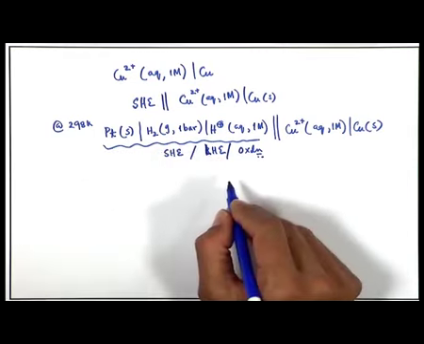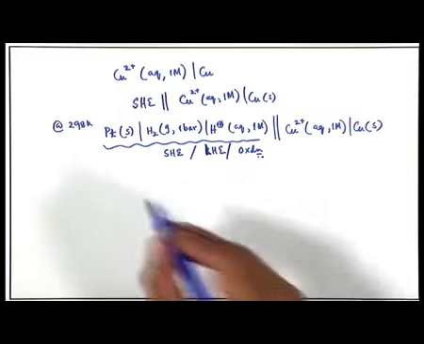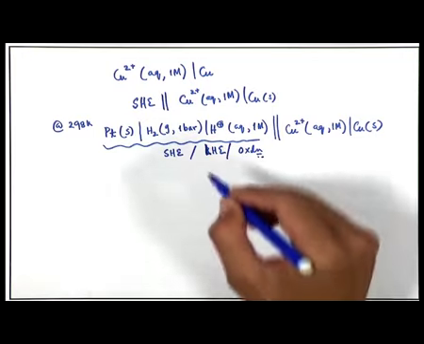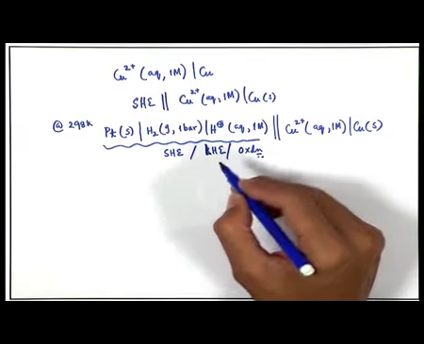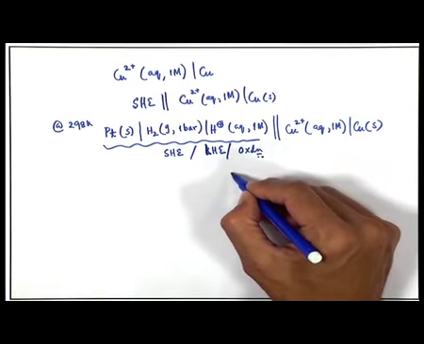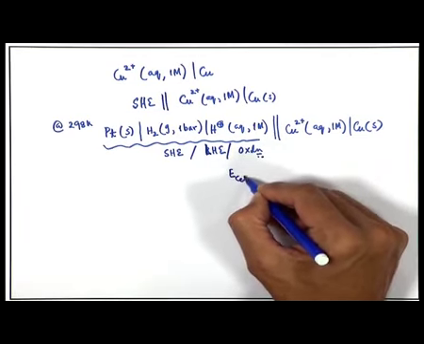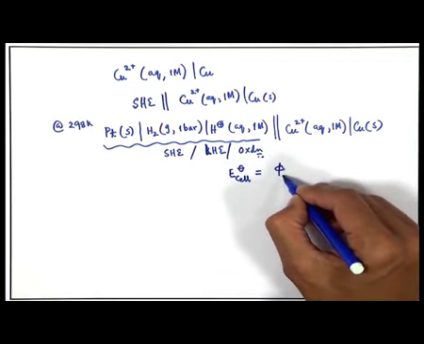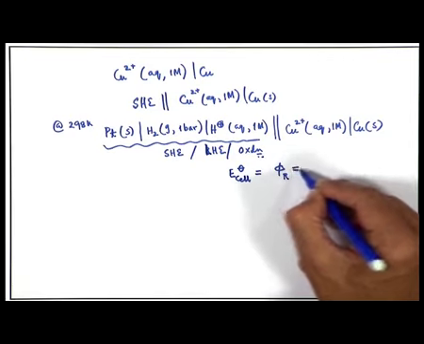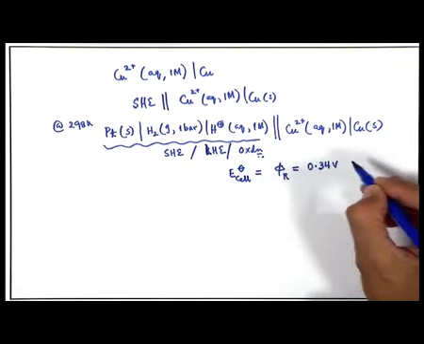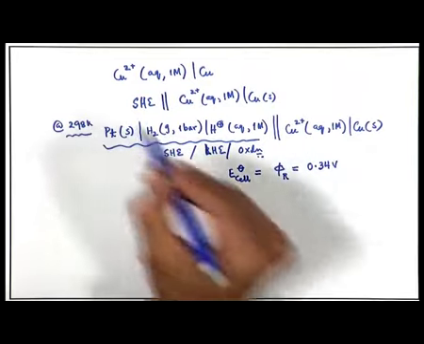Okay. So, if you measure at 298 Kelvin, you will be getting some value, and it is found that the value E cell, which is equal to phi right, is equal to 0.34 volt at this temperature condition.